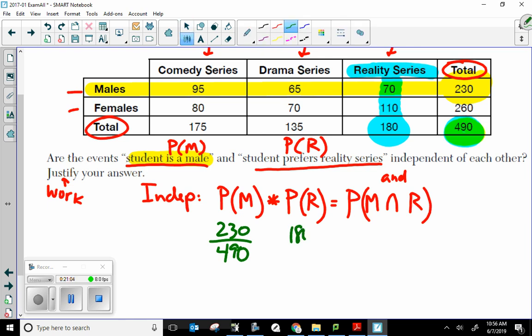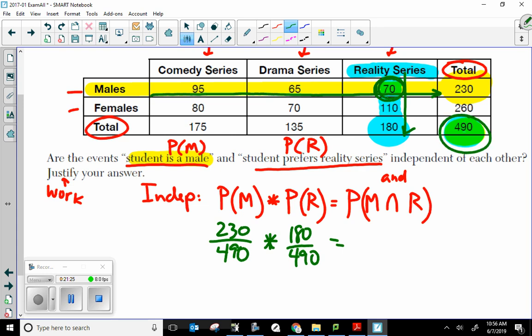Okay, so that's 180 out of 490. If I multiply these together, does it equal the probability of both? How many people are both male and enjoy reality series? Here's reality. Here's male. Where do they intersect? Right here. 70 out of my 490 are both male and rather watch reality series.